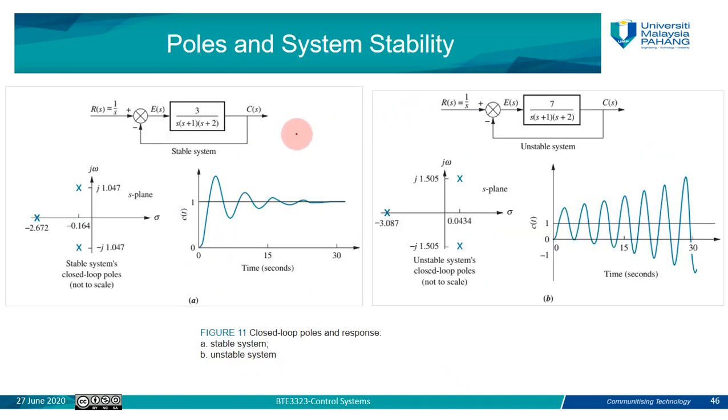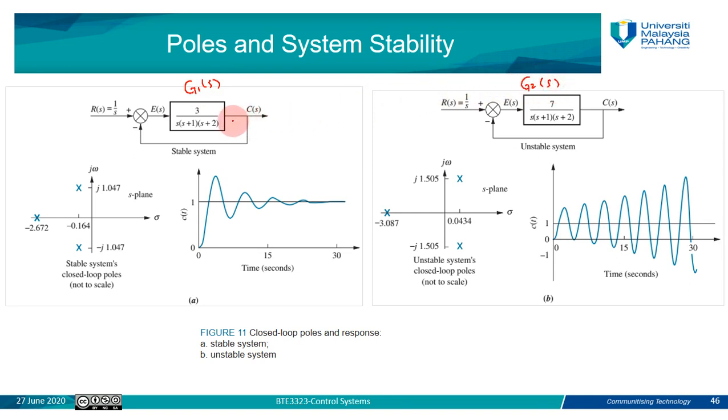This is one example to show how the location of the pole will affect the system stability based on a specific input. If you compare the two transfer functions that you have here, we call this one G1(s) and that one G2(s).